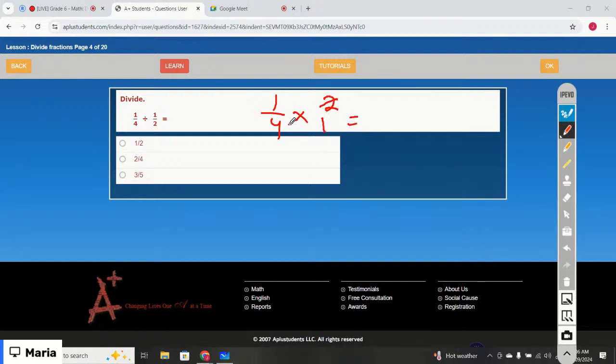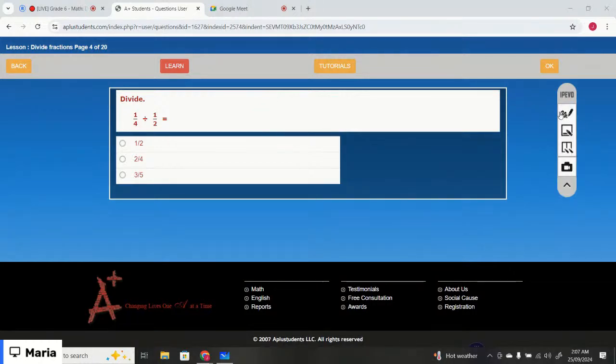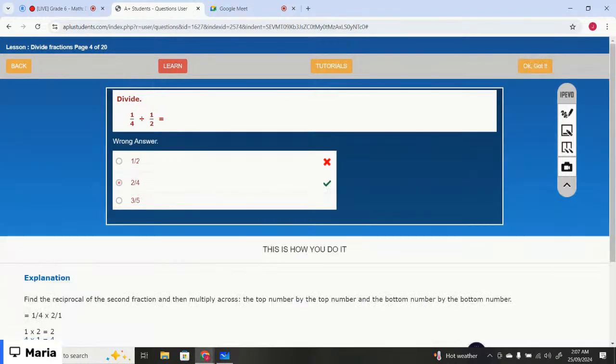That is 2 times 1 is 2, 4 times 2... So the correct option is 1 over 2. Option number 1 is the correct option.